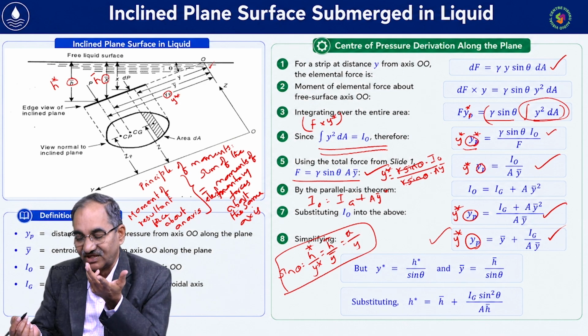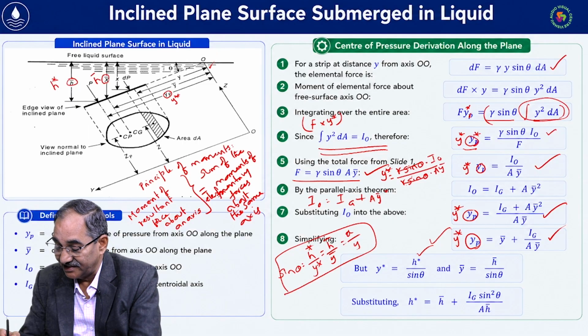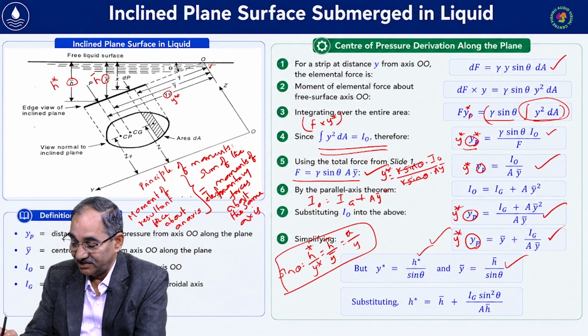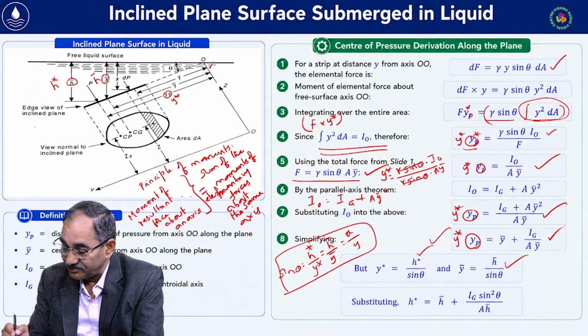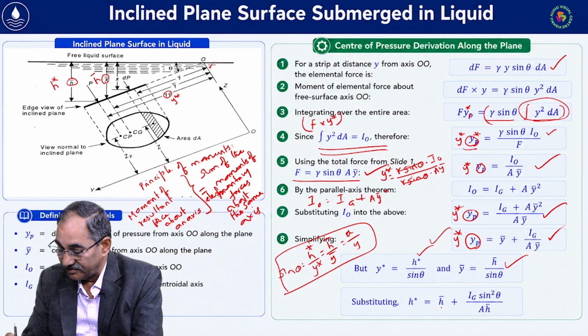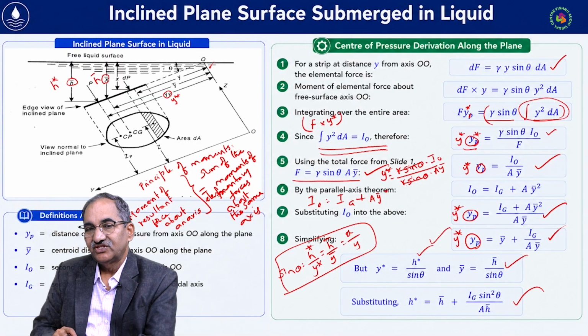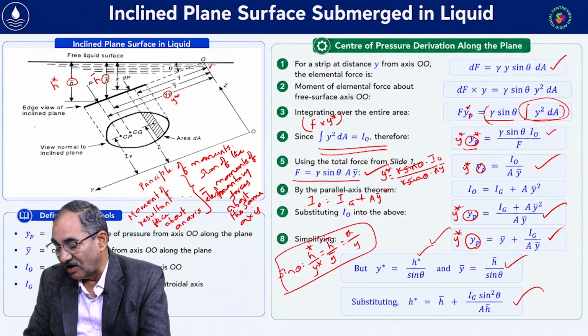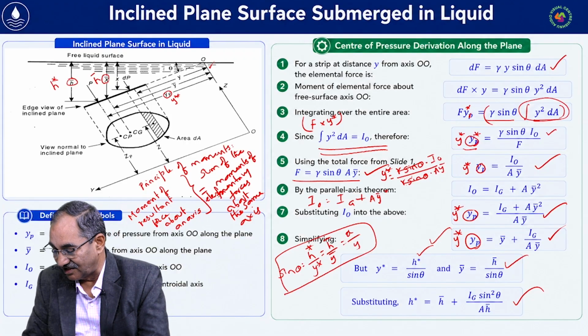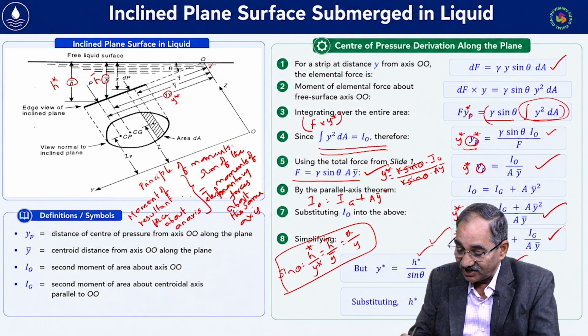That's all simple logic. Therefore y star is equal to h star by sine theta, and y bar is equal to h bar by sine theta. If I substitute these, the final answer is h star equal to h bar plus Ig sine square theta divided by A h bar.